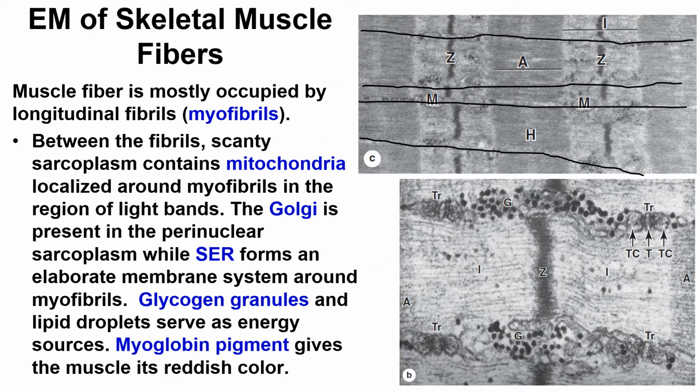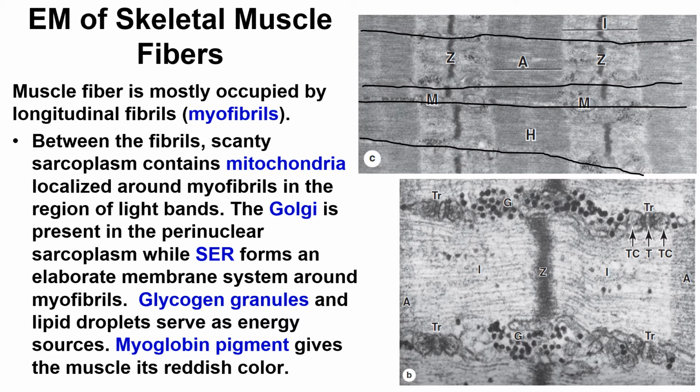Under the electron microscope, the sarcoplasm of the muscle fiber is occupied by myofilament-containing myofibrils. These black lines delineate the boundaries of these myofibrils. Myofibrils show dark band or A band and light band or I band.